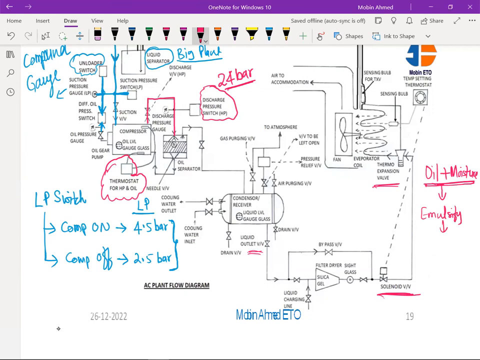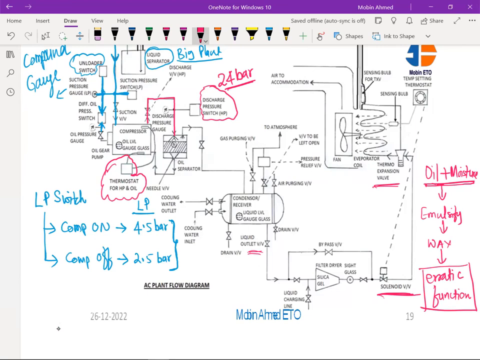Emulsify means it is going to become solid like a wax, and it is going to give erratic function of the valves. So this is a cause of concern, erratic function of the solenoid valve or thermostatic expansion valve. That is the one problem.